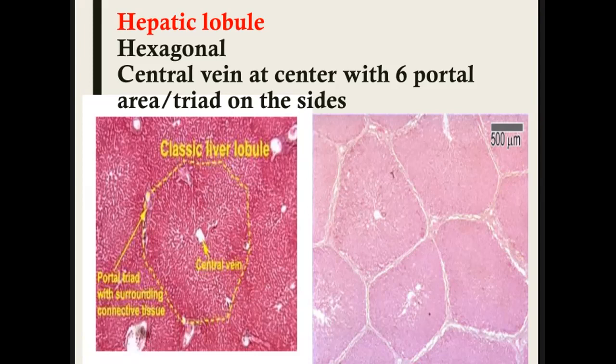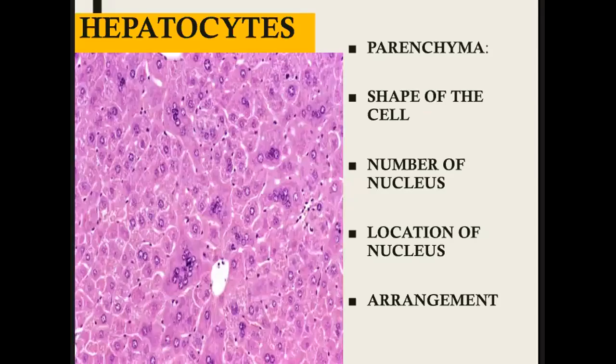As mentioned, the liver's parenchyma is the hepatocytes, known as your liver cells. Another characteristic of the hepatocytes: if we ask you the shape of the cell, it is polygonal or polyhedral in shape.